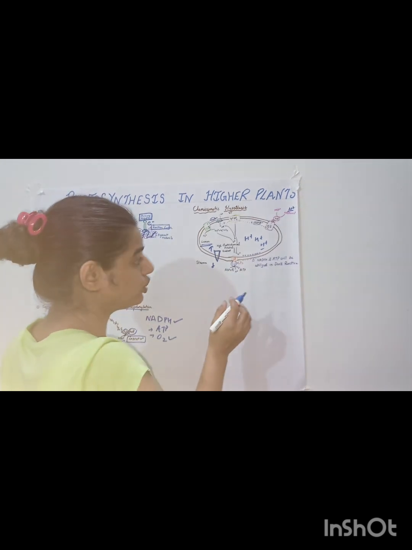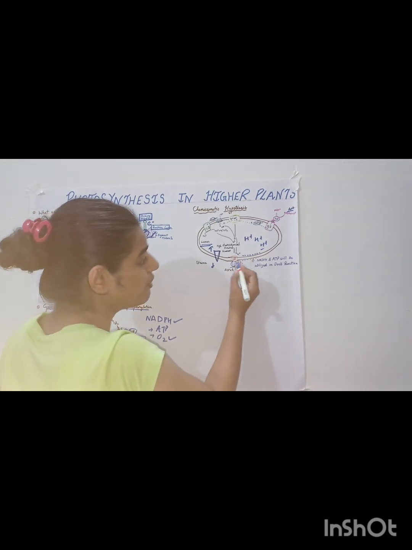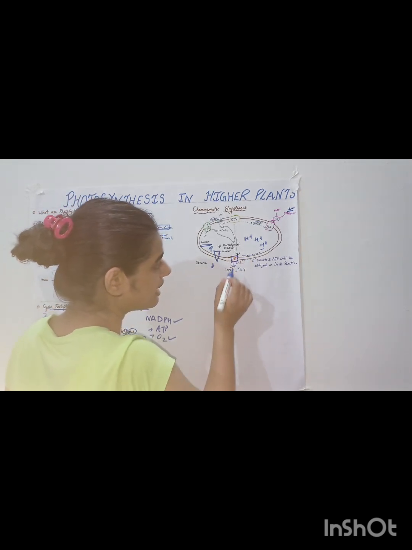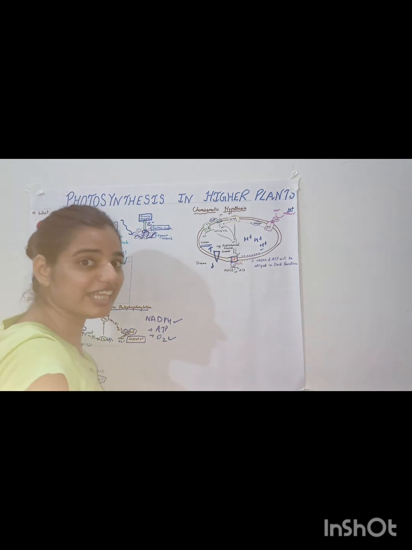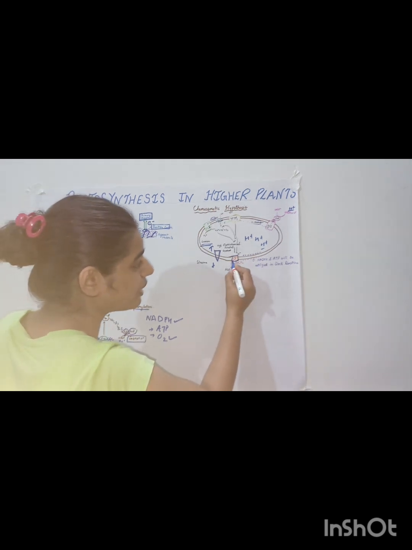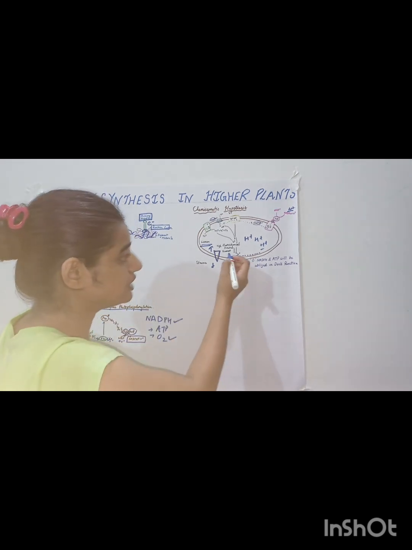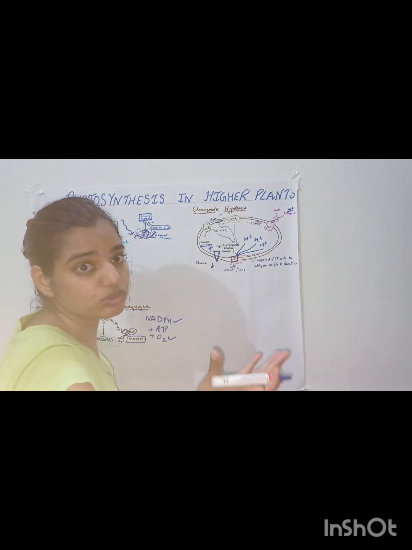The ATP synthetase molecule consists of the CF0 particle, which is embedded in the membrane, and the CF1 particle. Why is it known as CF0? Because it is inhibited by the antibiotic oligomycin. CF0 allows the transfer of the hydrogen ions, the proton motive force.